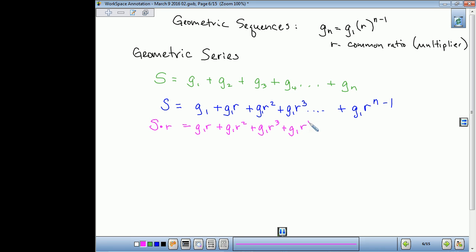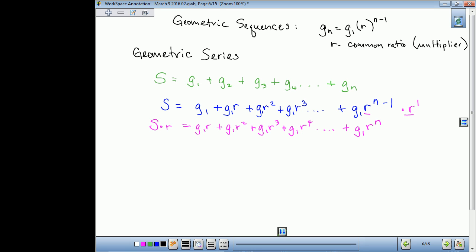And I'm going to keep multiplying times r till I get to this very last term. Now, if I multiply this times an r, it's r to the first, right? Yes. And r to the n minus 1 times r to the first, when we multiply like bases, don't we add the exponents? Yes. So n minus 1 plus 1 is just n. Okay, so all I did was take this line and multiply everything through by r.